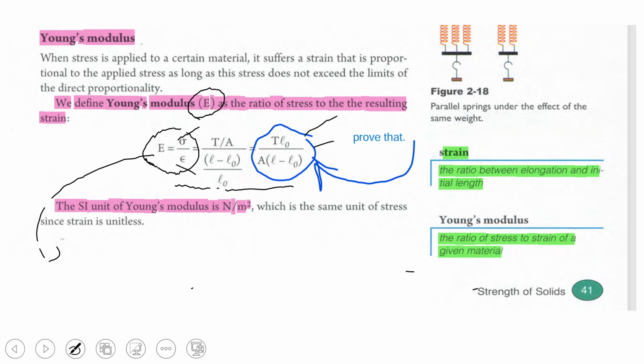Let me make it nice again. Young modulus equals stress over strain. Stress equals tension over area, and strain is L minus L naught over L naught. Bring this area down and move the L naught up.